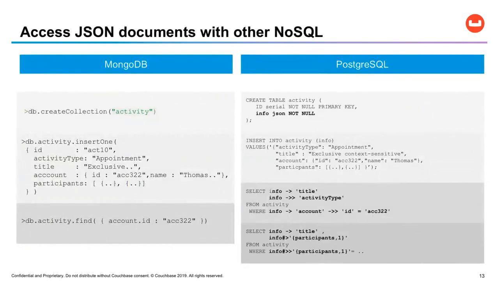Let's also examine how other NoSQL databases handle data access. On the left-hand side is the MongoDB approach. It uses a proprietary API to support all of the standard DML needs. The Mongo API is a procedural approach versus N1QL, which is declarative.